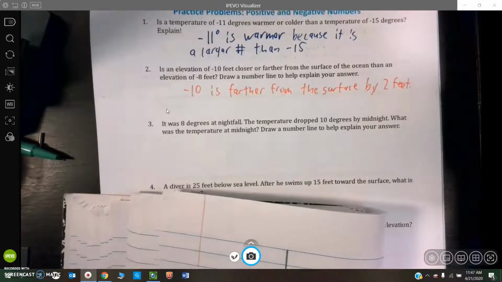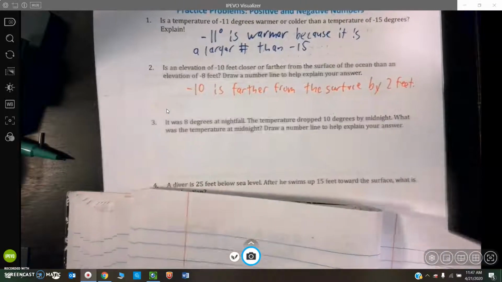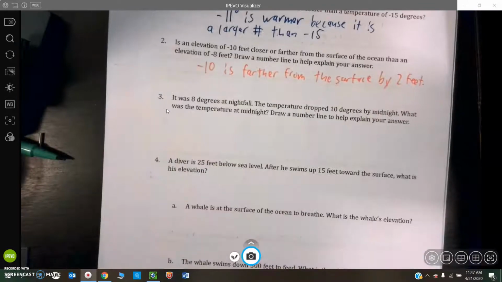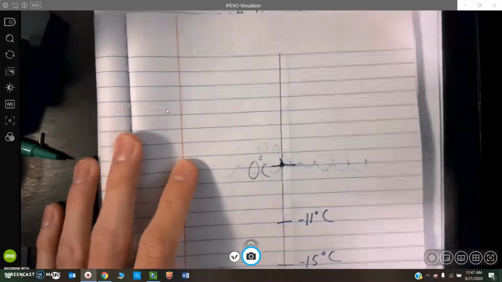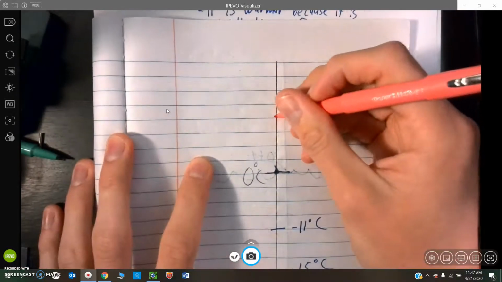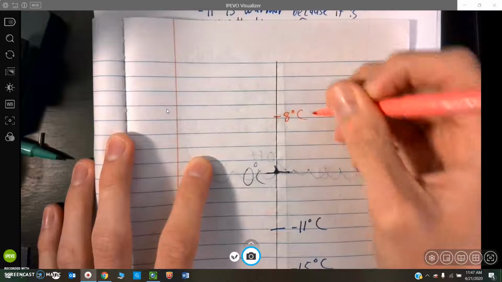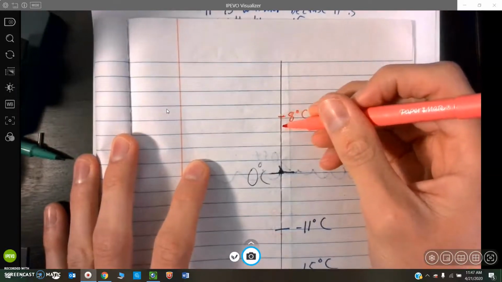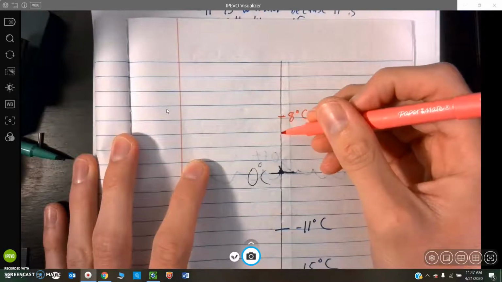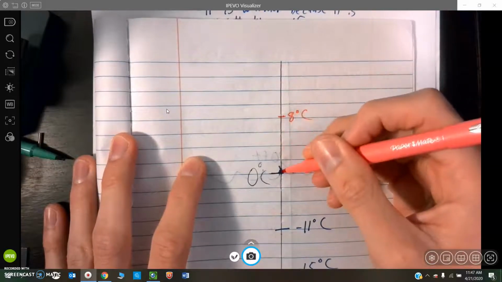All right, so number 3: it was 8 degrees at nightfall, and the temperature dropped 10 degrees by midnight. What was the temperature at midnight? If it was 8 degrees and it dropped 1 degree, it would now be 7 degrees, 6, 5, 4, 3, 2, 1, 0.